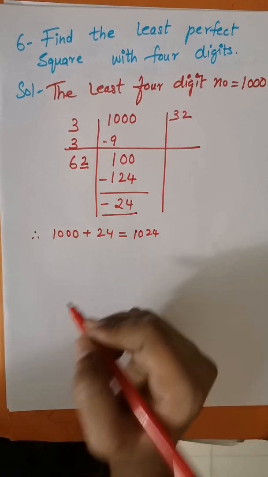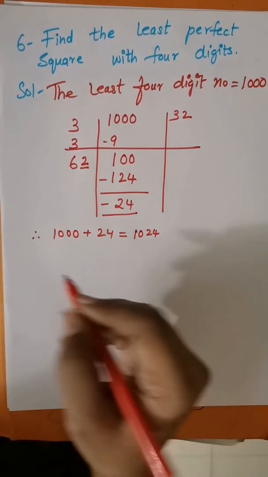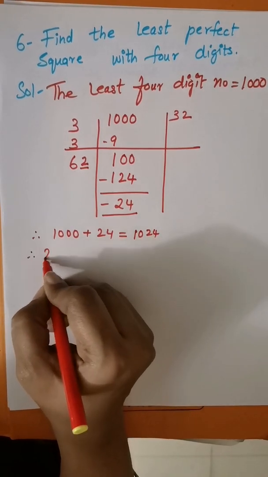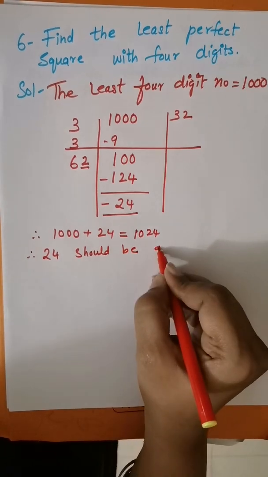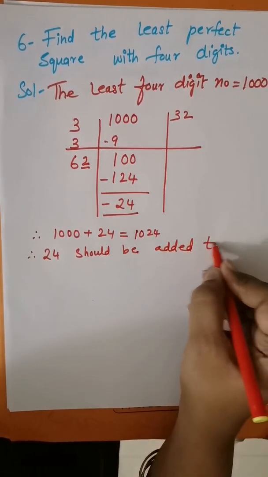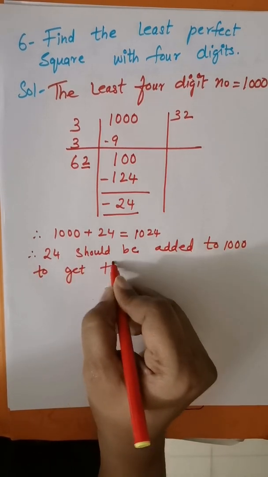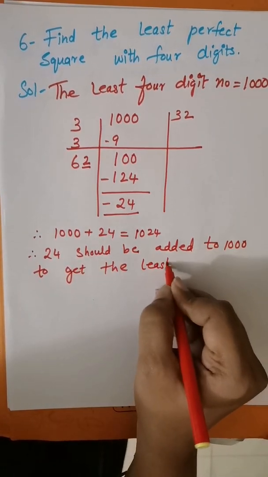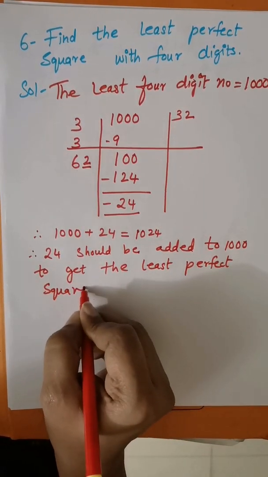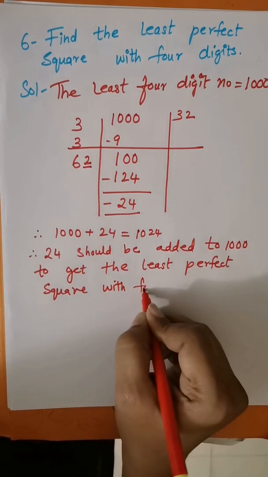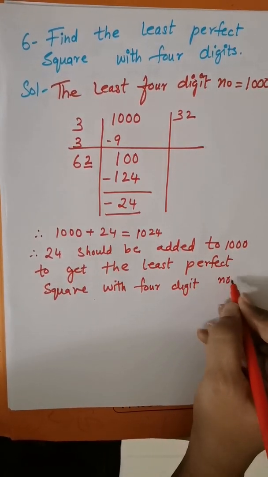Therefore 24 should be added to 1000 to get the least perfect square with a 4-digit number.